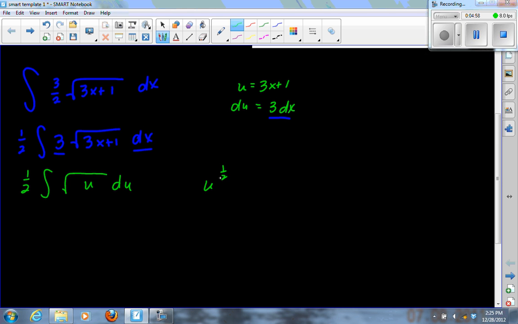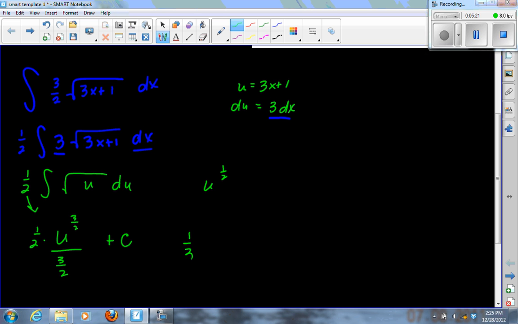You integrate this, you add 1 to the power, which would be 3 halves, and you divide by 3 halves. Don't forget about this 1/2 that was still out here. We're going to bring that down. Okay. So, flip the bottom and multiply.